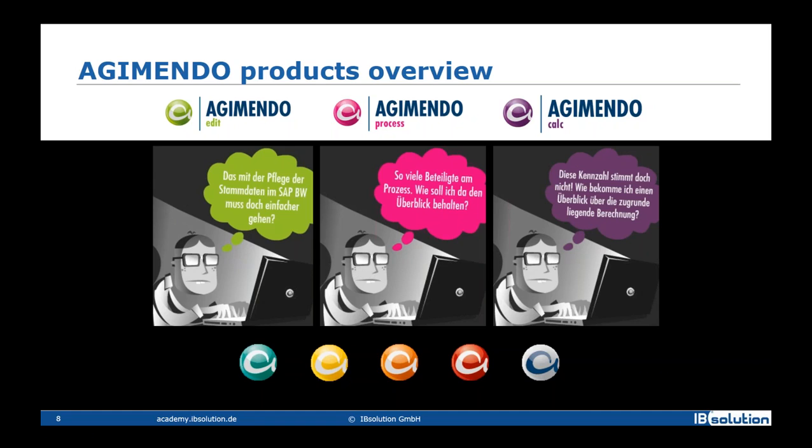For example, AGIMENDO Invest, depending on AGIMENDO Edit, allows you in an hour to build a new info object for investments, to build the AGIMENDO views that use this info object, and all the ABAP classes that are going to customize the experience for you, and so on.